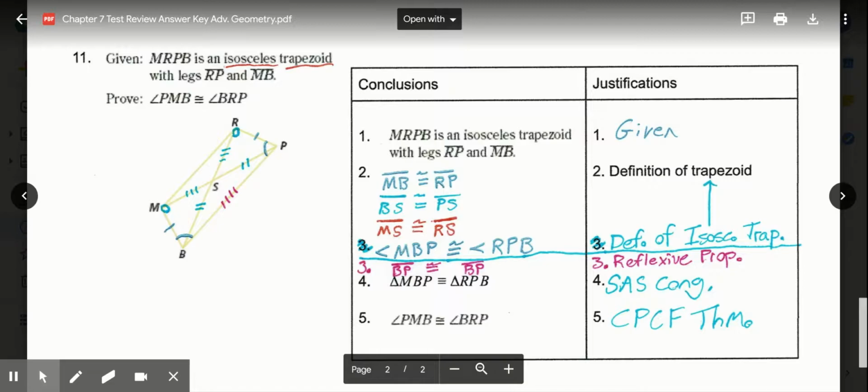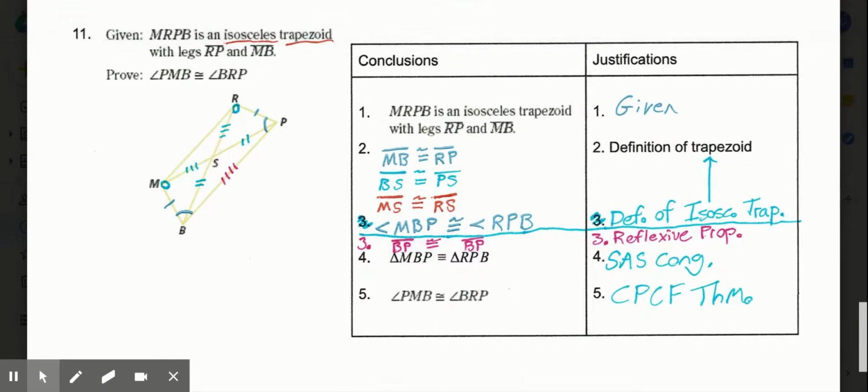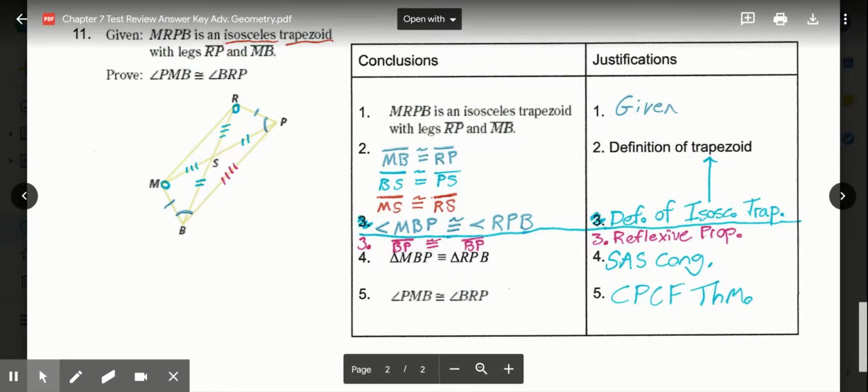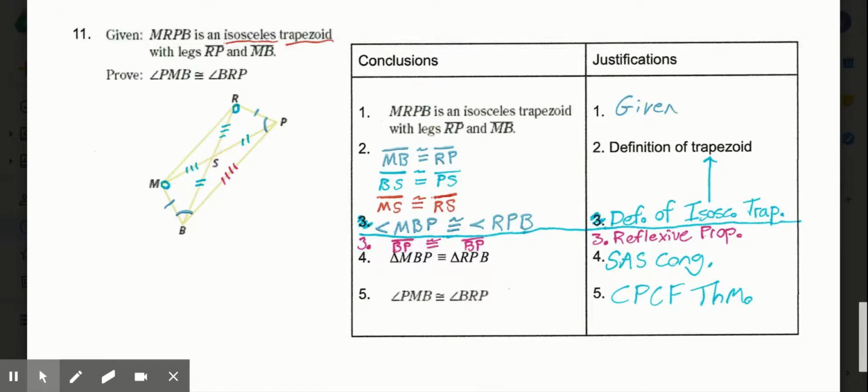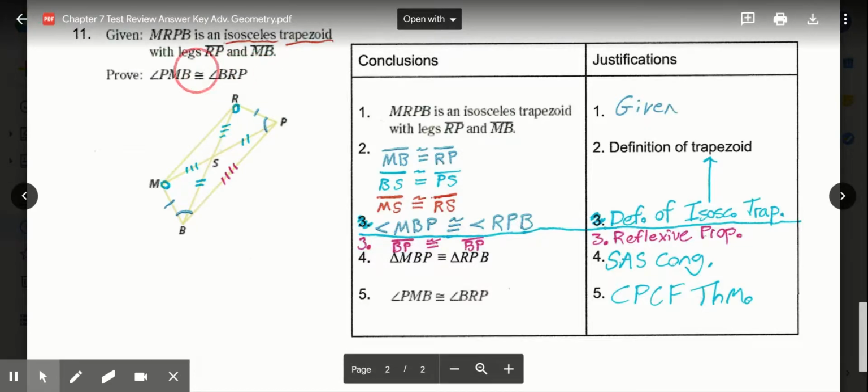And then for step 3, I just rewrote it because I ran out of space here. For step 3, again, my final goal is to prove these angles are congruent. So anywhere that I can prove corresponding triangles congruent, I can use my corresponding angles.